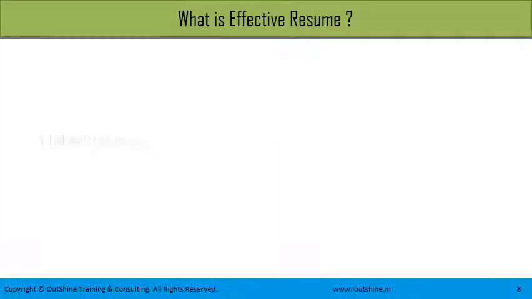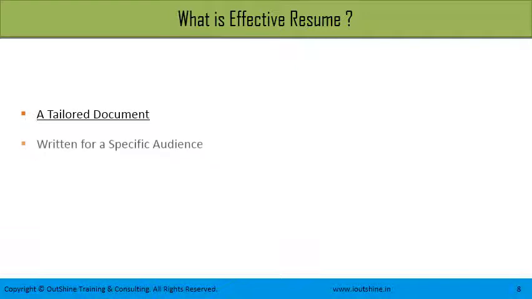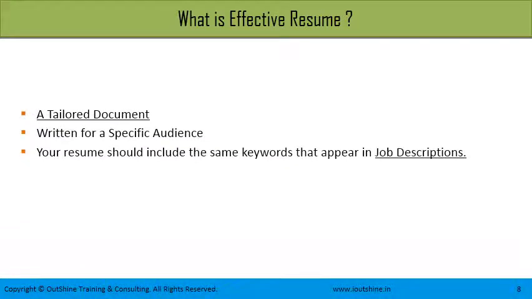Now what do these terms mean? A tailored document, job descriptions. Well, let us understand. You have to understand that when you make a resume, the resume should be a separate document for each company. That is, you will need to make that many resumes. For each company, you will need to modify the document to suit its requirements.